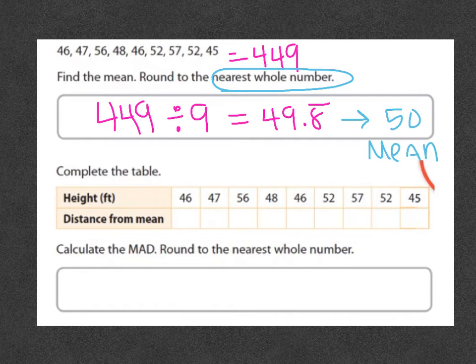Then in step 2, from the previous few slides, it said to find the distance each number is from the mean. And they've set a table up just to make it easy for recording the numbers. I need to know how far each number is away from 50. So when I go down this list, 46 is 4 numbers away.